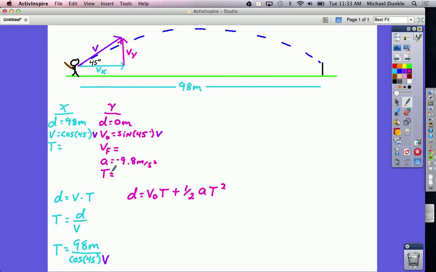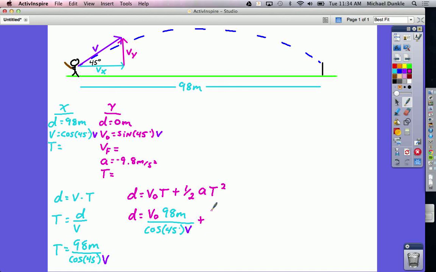So when we do this, our equation is going to look like: our distance in the y direction equals the initial speed multiplied by our 98 meters over cosine 45 degrees multiplied by the actual velocity of the ball, which is what we're looking for.